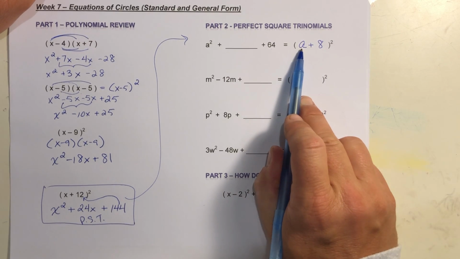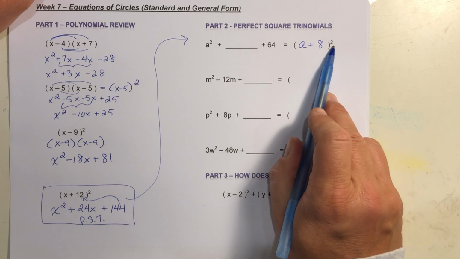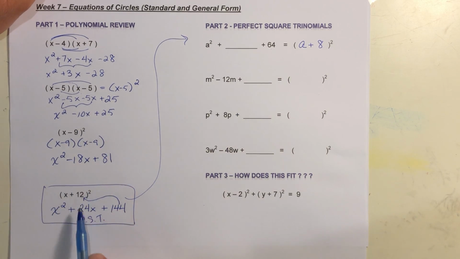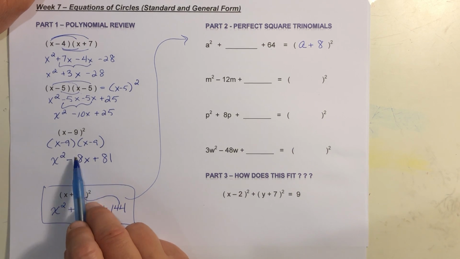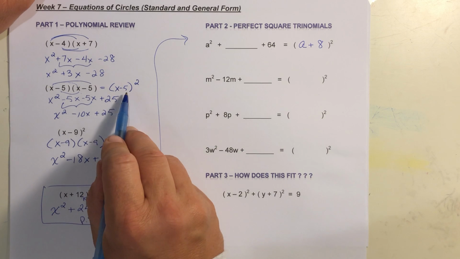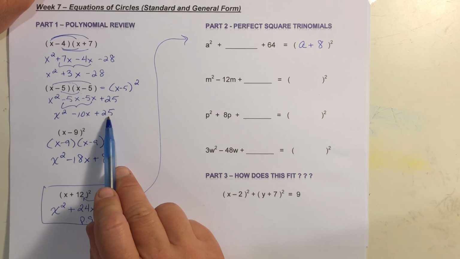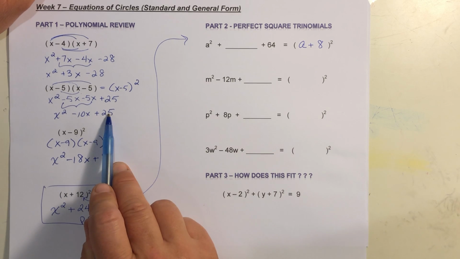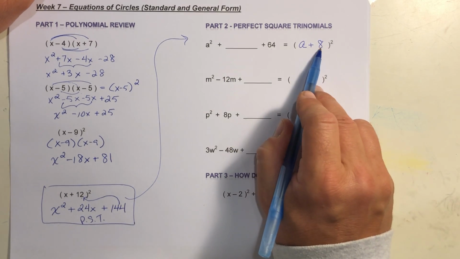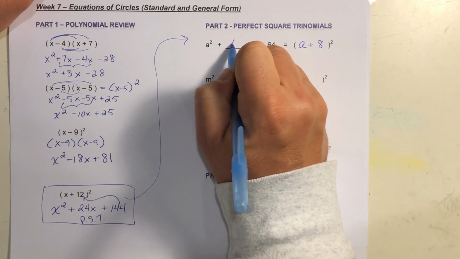Now, if this was a two-term polynomial or a binomial squared, then we should know that the number in the middle is double that number, and the number at the end, the last term, is always that number squared. So over here, 8 squared is 64, and double that number would be 16a.